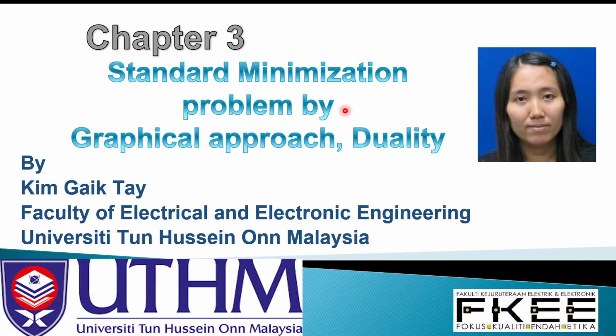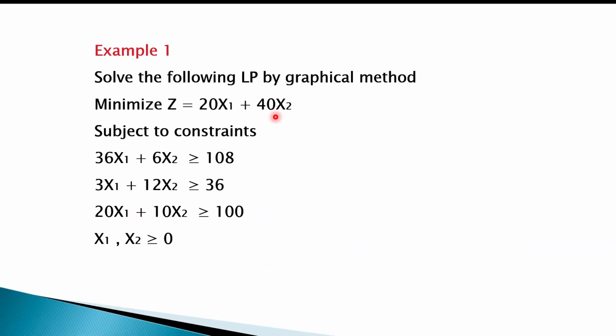Okay, today we are going to look at the standard minimization problem by, first of all, graphical approach, later on duality and the Excel solver. For example, solve the following linear programming by graphical approach, where the problem is minimize z equal to 20x1 plus 40x2 subject to the constraint 36x1 plus 6x2 greater than or equal to 108.